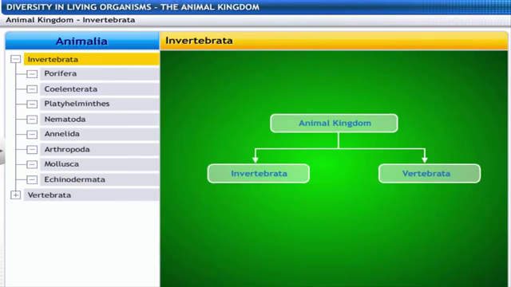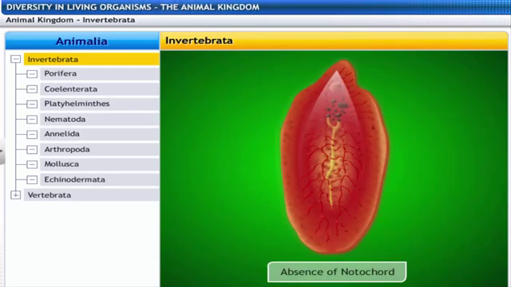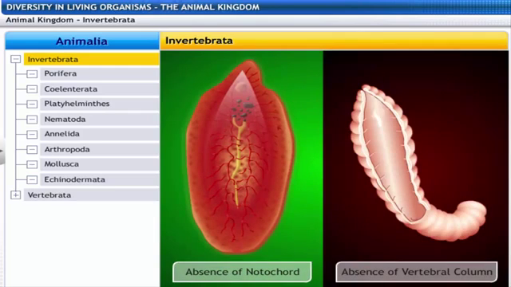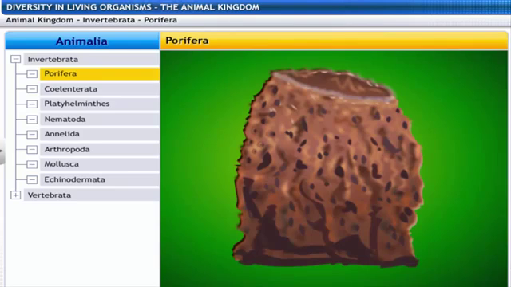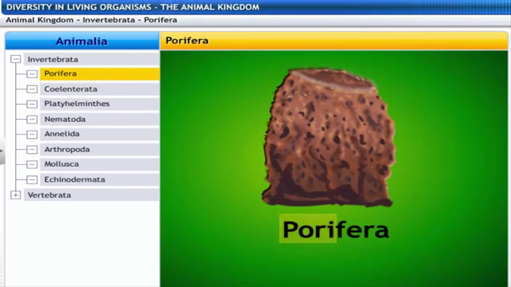Invertebrates are characterized by the following features: absence of a notochord and absence of a vertebral column. Porifera get their name from 2 words, pori meaning holes and fera meaning bearing.